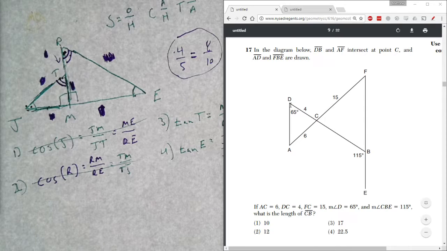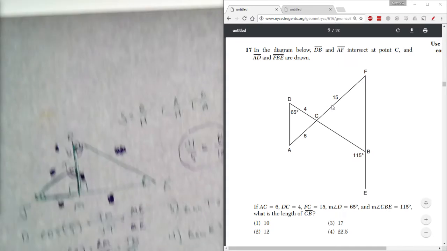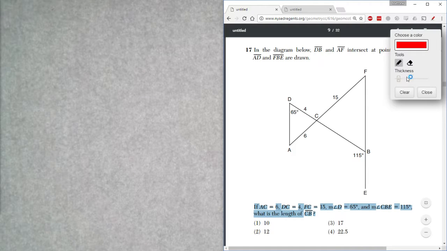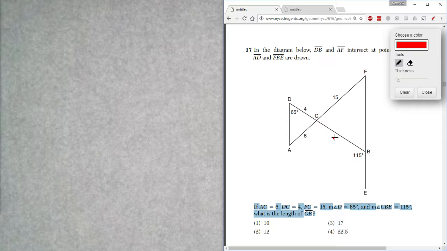AC is 6, DC is 4, FC is 15, angle D is 65, and the measure of angle CBE is 115. What is the length of CB? So I want this guy right here, CB.